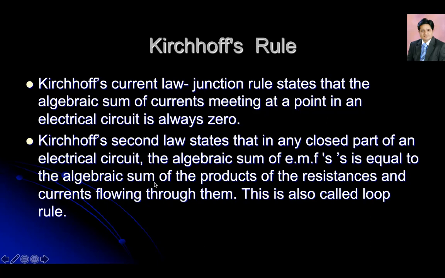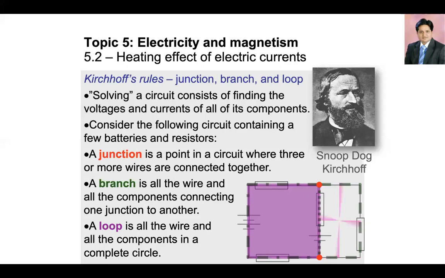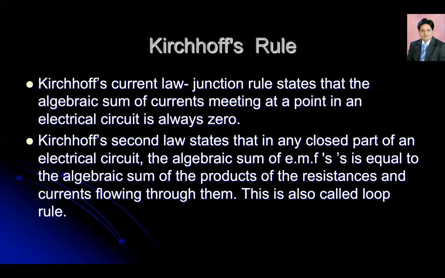Now, what's the second law? The second law is the most important one, and it states that in any closed part of an electrical circuit, the algebraic sum of EMFs, the electromotive force, that's the voltage, remember, and you need to know the difference between EMF and terminal voltage.